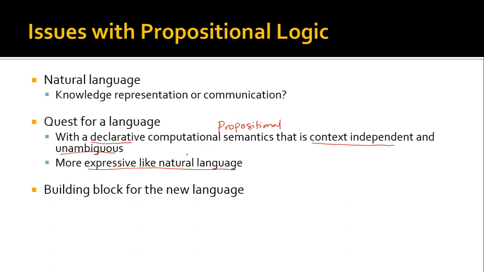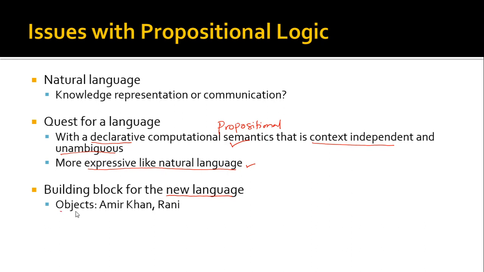You cannot really express everything in propositional logic. So we need a new language that will have more or less the features of propositional logic, as well as being more expressive and probably closer to natural language, if not the same. So what are the building blocks for this new language?